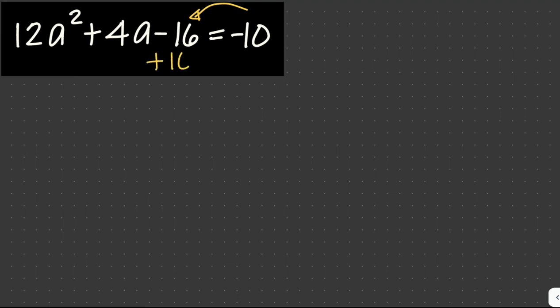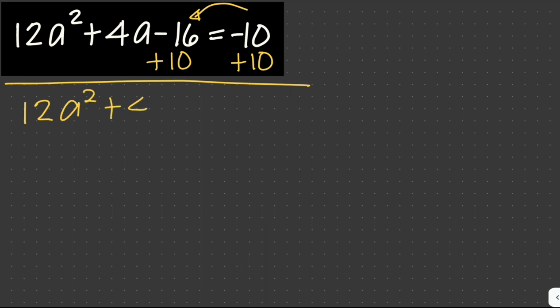So we add 10 to both sides. Our equation would become 12a squared plus 4a, negative 16 plus 10 is just negative 6, equals 0.